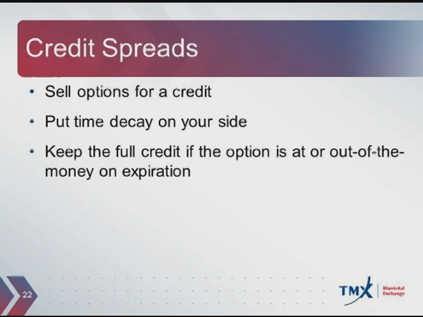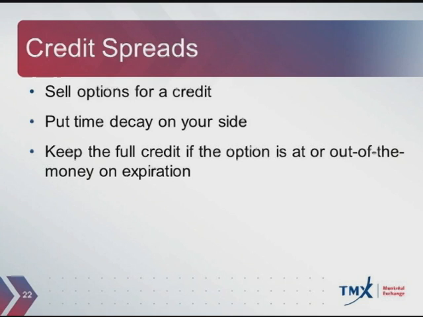Credit spreads are a strategy where we're looking to be primarily the option writer, and we're looking to collect a premium to generate cash flow. So we're going to sell an option contract for a credit and put the impact of time depreciation on our side.